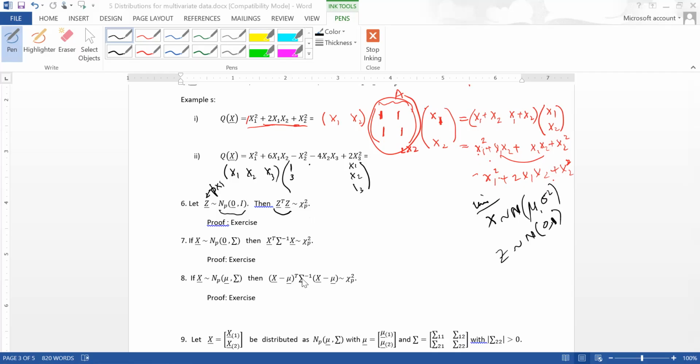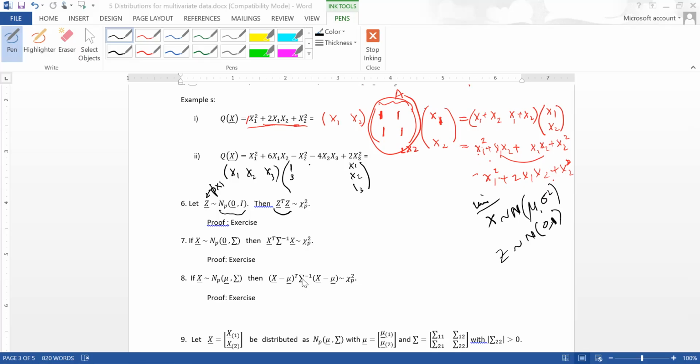So a quadratic form, same as a linear combination. X is a vector, but any linear combination of x's is going to be a scalar. Scalar means actually a random variable, right? In multivariate, when we say scalar, it's usually a 1 by 1 random variable.